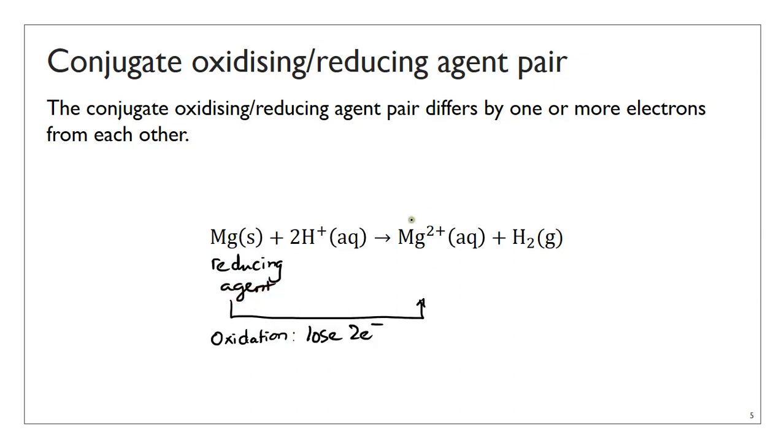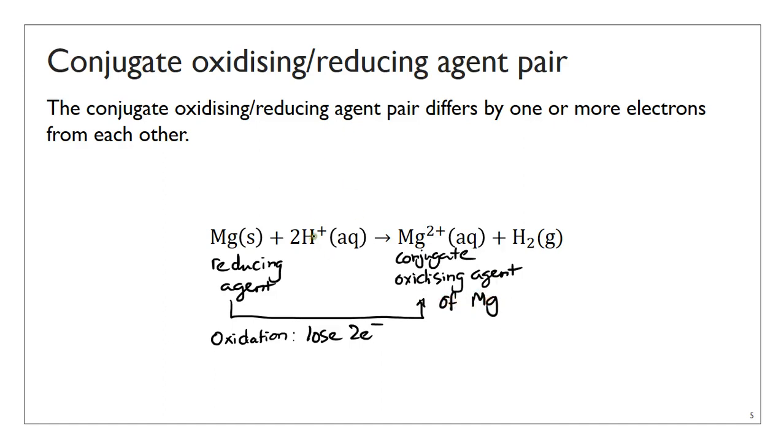So Mg2+ is going to be the conjugate oxidizing agent of Mg. There is a potential for Mg2+ to undergo reduction and get returned to Mg. So Mg2+ is the conjugate oxidizing agent of Mg.